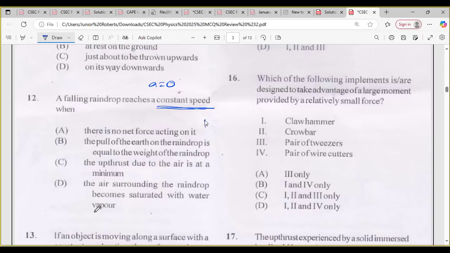Now if acceleration is 0, then F is equal to ma, and a is 0, so F must be equal to 0, where F right here is our net force. So if the speed is constant, then the net force must be 0. So our answer, which reflects that, is A, which says that there is no net force acting on it. So we'll go with A for number 12.